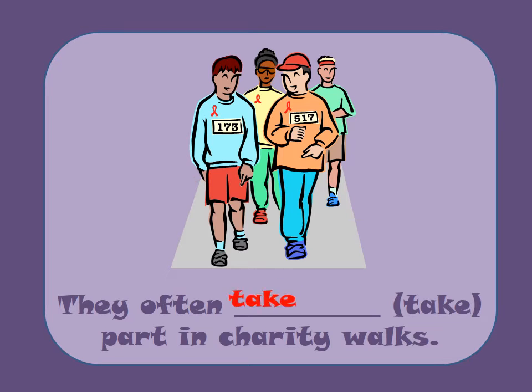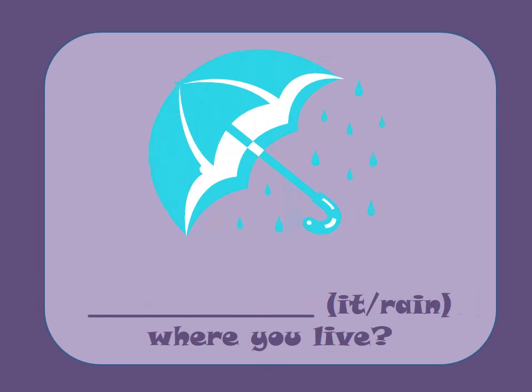It's going to be take as it is because I have the subject they. It rain where you live. So this is a question. It's a yes or no question. It takes do or does. Of course does. So I'll say does it rain where you live?